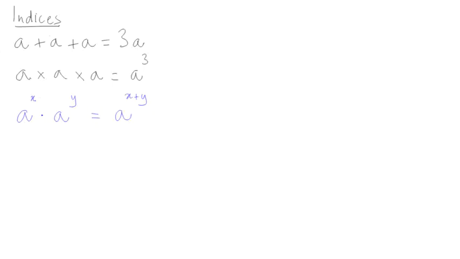Let's take an example. So I've got 2 to the power 2 times 2 to the power 3. Well, all of that together is just 2 to the power 2 add 3, which is 2 to the power 5.